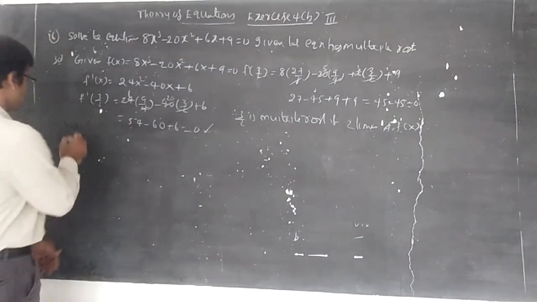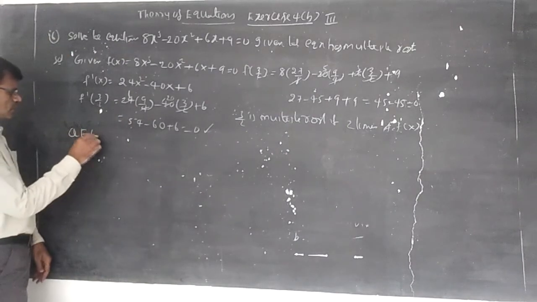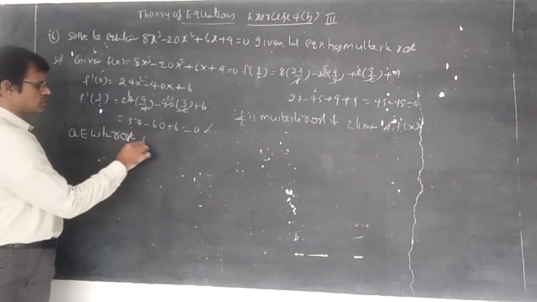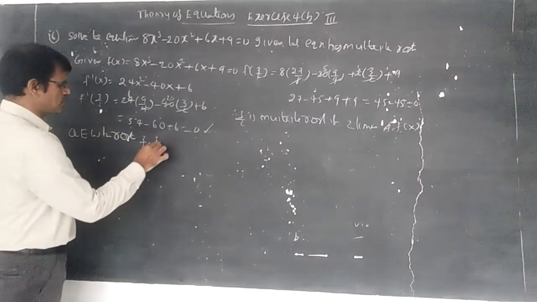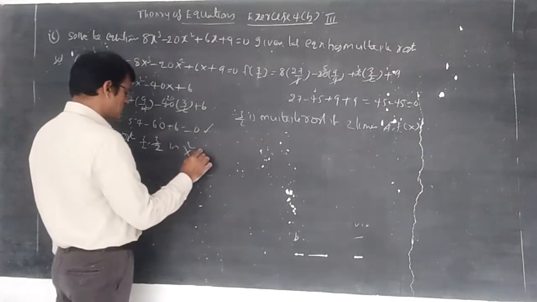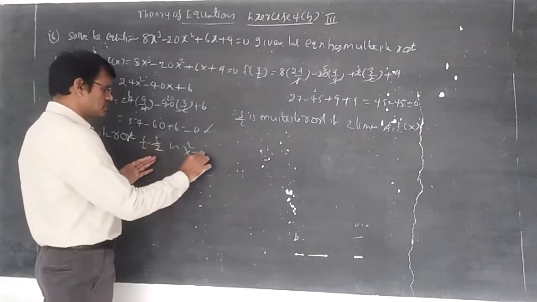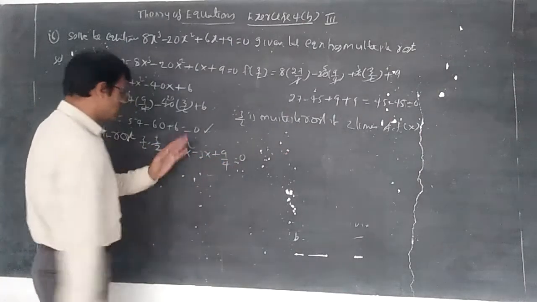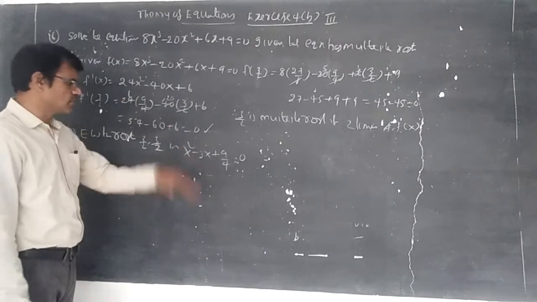Now we can write the quadratic equation with roots 3 by 2 comma 3 by 2. Let us calculate: x square minus 3x plus 9 by 4 equal to 0, using the sum of roots and product of roots concept, or x minus 3 by 2 whole square.